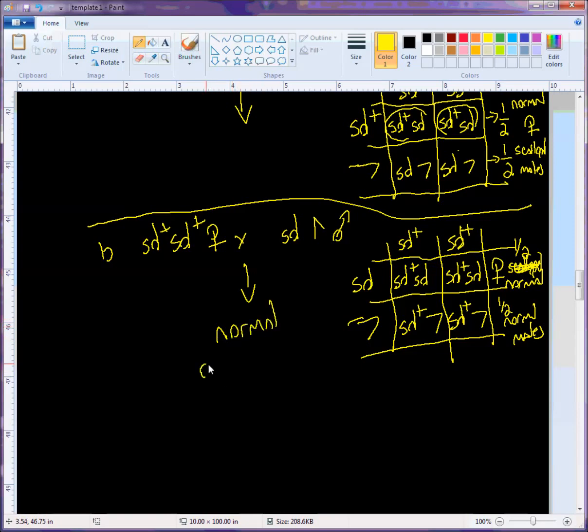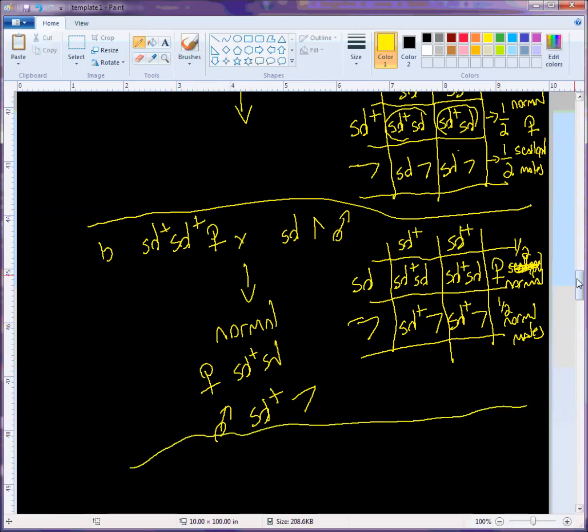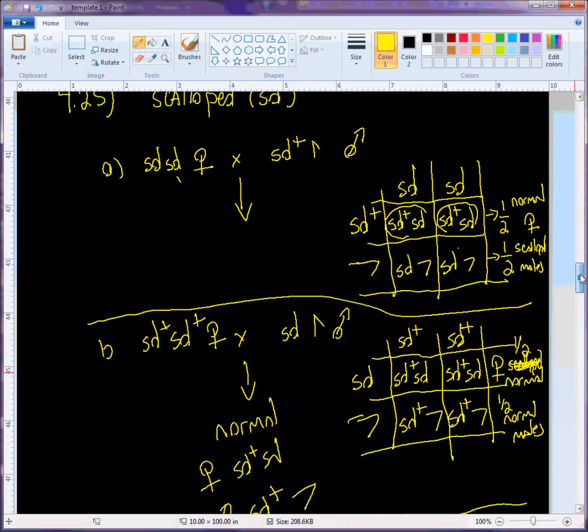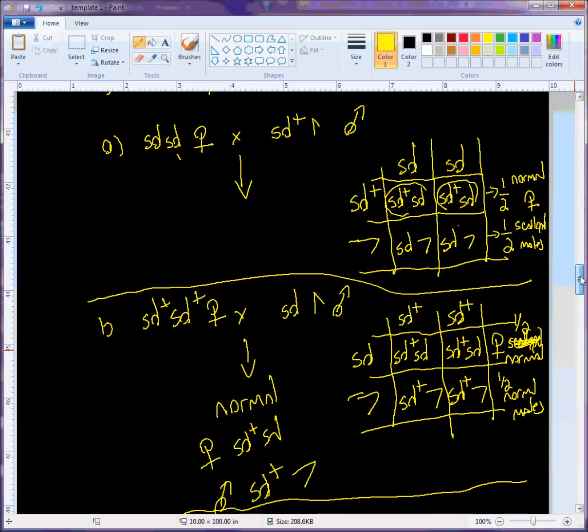Again, I can break them into females. Female genotypes are SD plus SD, and the males are SD plus with the Y chromosome. Okay, so we see differences right away in the F1 generation from the reciprocal crosses, and it's because these genes are X-linked, and males are hemizygous for genes on the X chromosome.